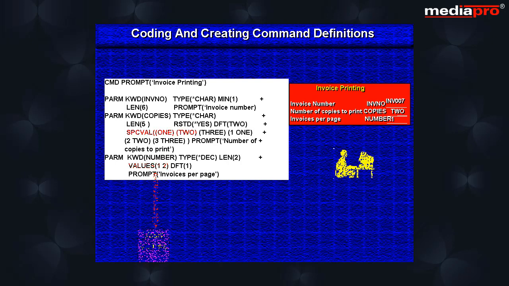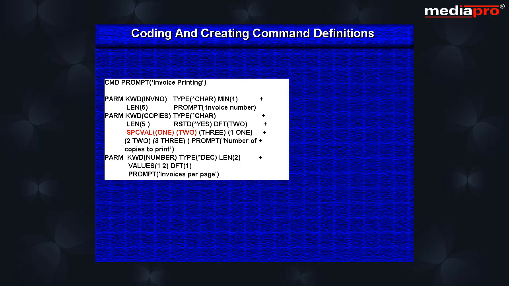Sometimes we might want to allow the user to enter values in more than one form, such as allowing a value of 1 to be entered either in numeric form or in character form, that is, as ONE. We have the parameter copies that takes character values. Using special value, we specify that the allowed values for this parameter are ONE, TWO, THREE.